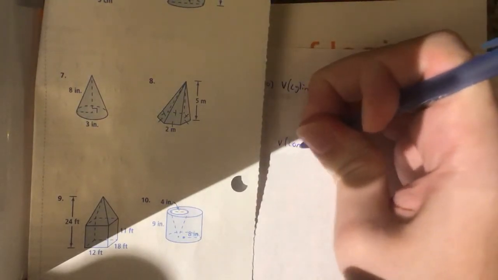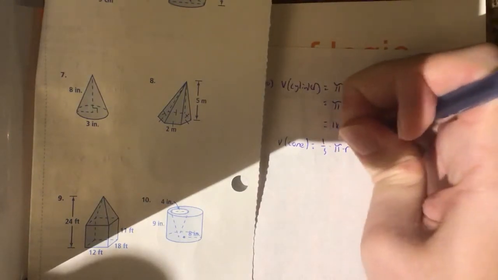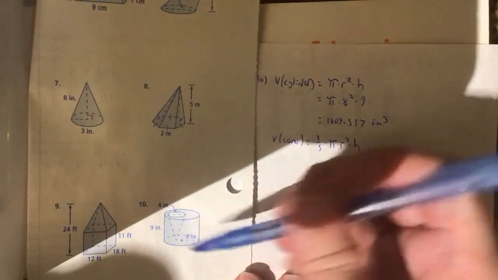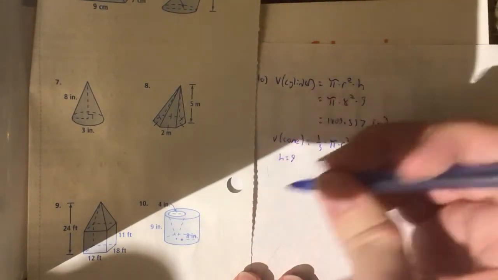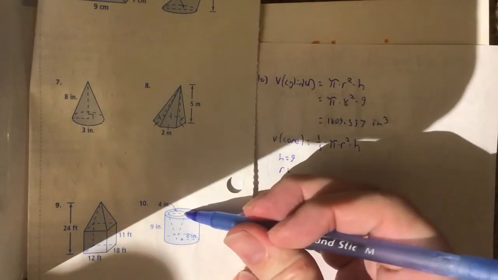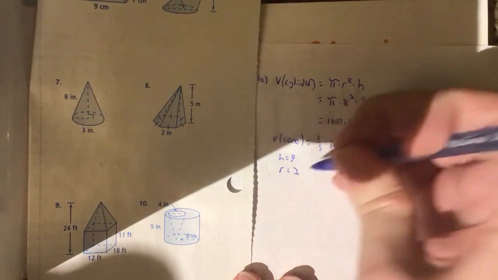Now I have to figure out the volume of the cone, which is 1/3 pi r squared h. In this case, the height is still going to be 9. The radius, they give us the diameter now, the dotted line all the way across, so the radius is half of that, which is 2.